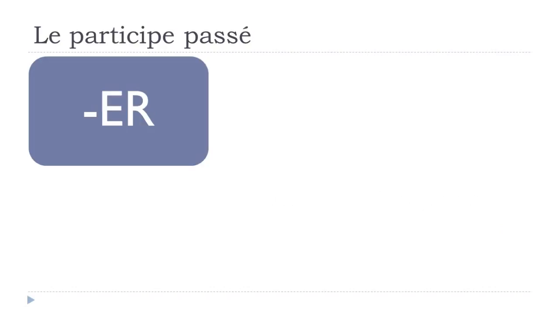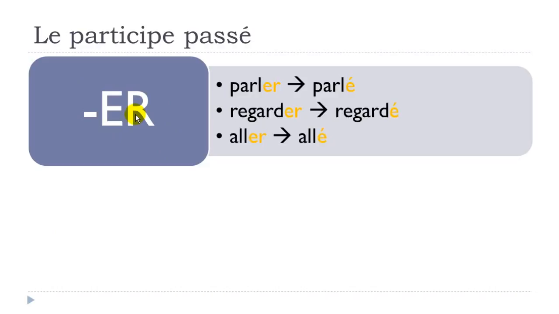But then, as I said, for the first group, so the group of verbs ending with er, it is quite easy because you only need to take this er away and replace it with accent aigu. Okay, so parler, to talk, to speak, will give you parlé. Okay, the good thing for the phonetical part is that it is the same.